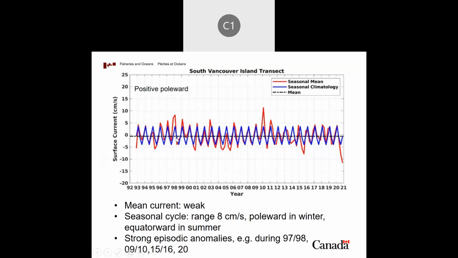As you can see, again, the mean is almost zero at this transect, very weak, and the seasonal cycle has a range of about 8 centimeters per second. It's poleward in winter and equatorward in summer. You can see some strong episodic anomalies, like this part here, here, and here. Those episodic anomalies are coincident with El Nino or La Nina events.